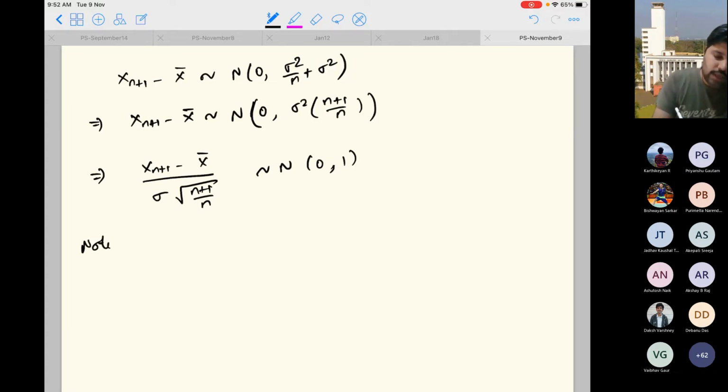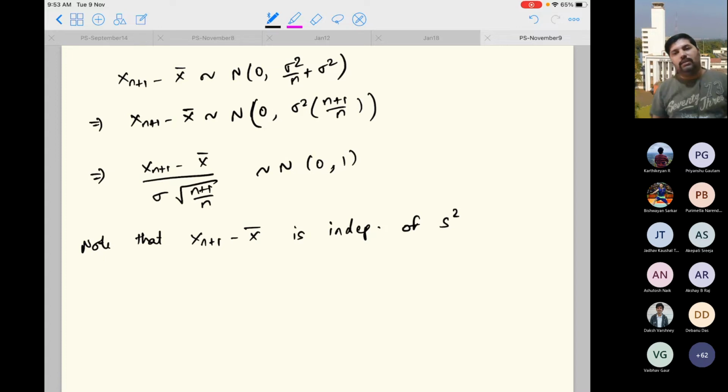Now note that Xn plus 1 minus X bar is independent of S squared, because X bar is independent of S squared and Xn plus 1 is independent of S squared. Independence between Xn plus 1 and X bar was used to find the variance, so there is no covariance term; I just added variances. Now, the same trick that I did some time back: I will replace this sigma by S.